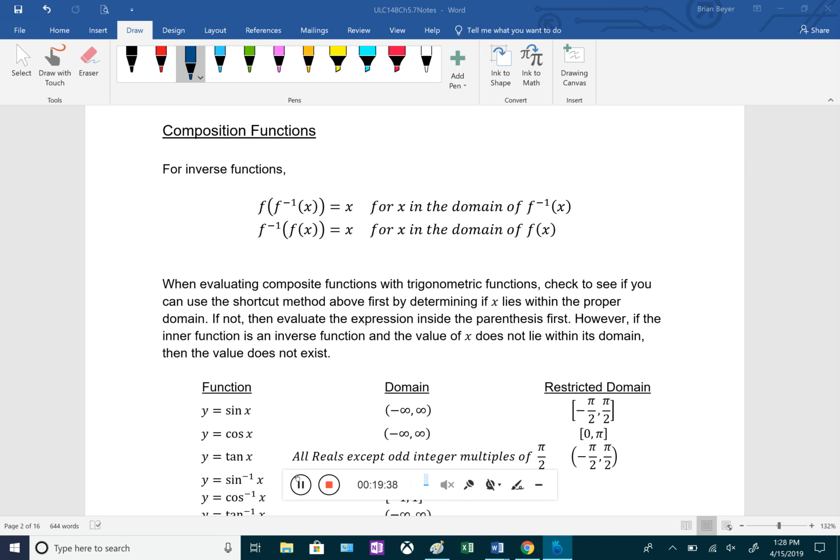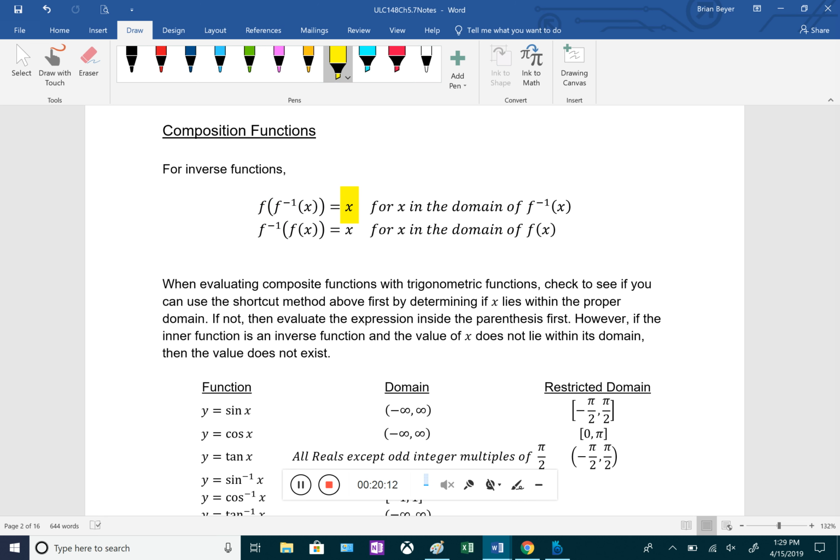If you remember, the composition of inverse functions essentially means taking one function as the input to the other one. So if we do the function f of x and we plug in f inverse, and that equals x, that's the definition of inverse functions. A lot of the times when we have these composition functions, they will cancel each other off, and all you're going to be left with is whatever that x value is.